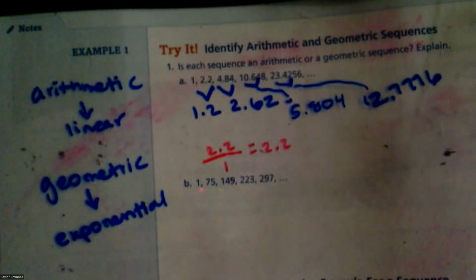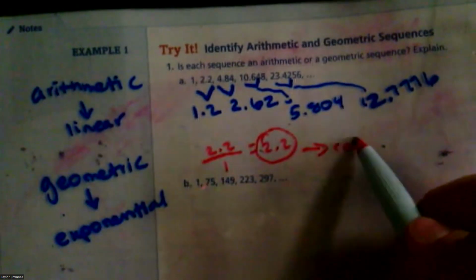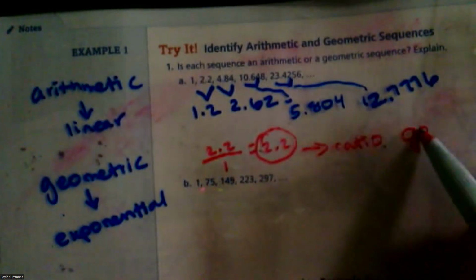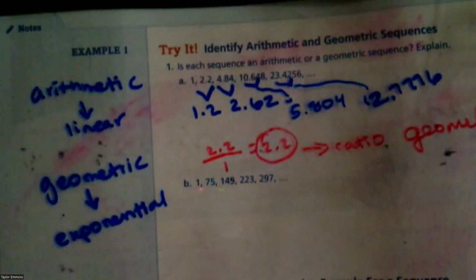What if we multiplied by 2.2 again? Would that give us our next number? Yeah. And again? Yes. Okay. So this is our ratio, which means that it's going to be geometric. Remember how we have exponential and we multiply by a ratio? It's the same thing with geometric.